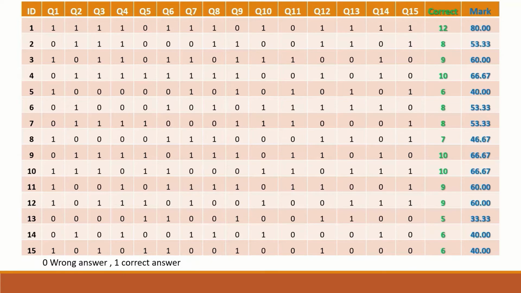Here in this table is shown an exam result for 15 students answering 15 multiple choice questions, and for each question the score is recorded as either 1 for a correct answer or 0 for a wrong answer.